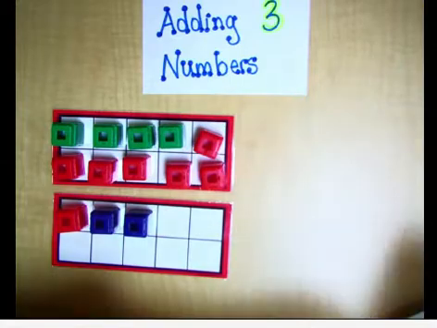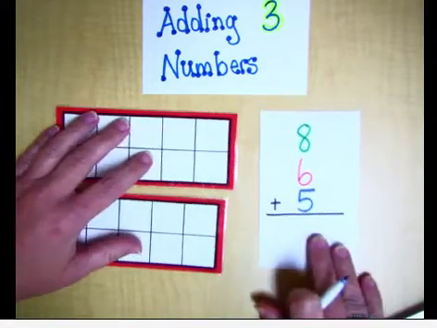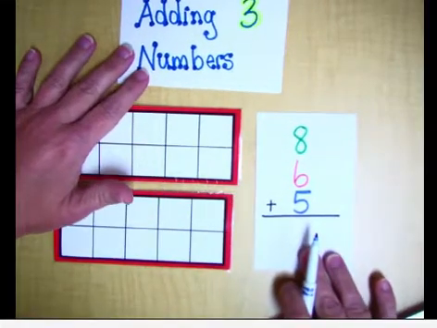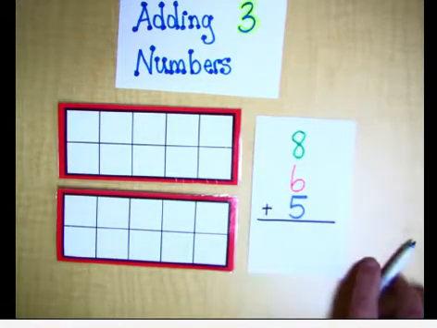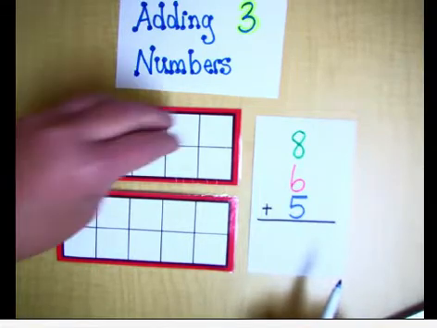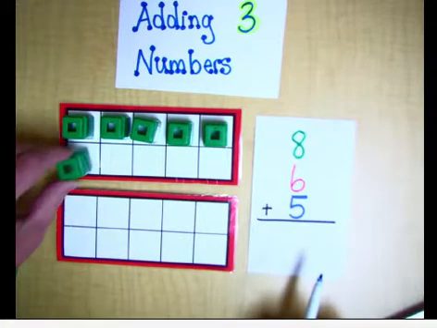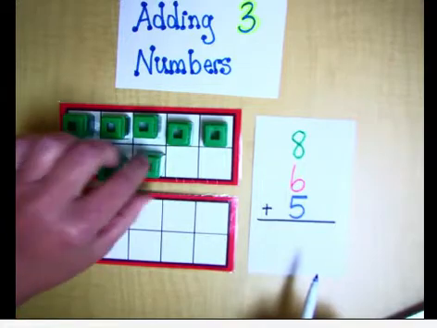Okay? All right. Got one more. Let's clear the board. These are big ones. 8 plus 6 plus 5. First number is 8, so I'm going to model it. 1, 2, 3, 4, 5, 6, 7, 8.